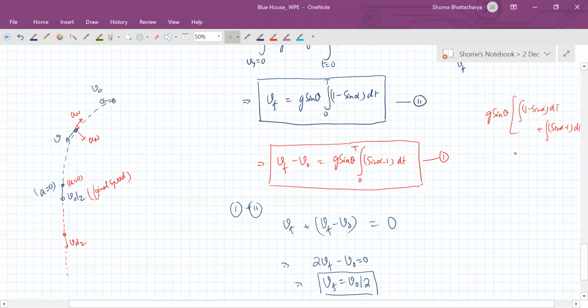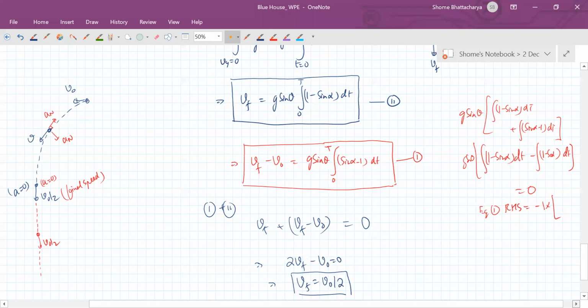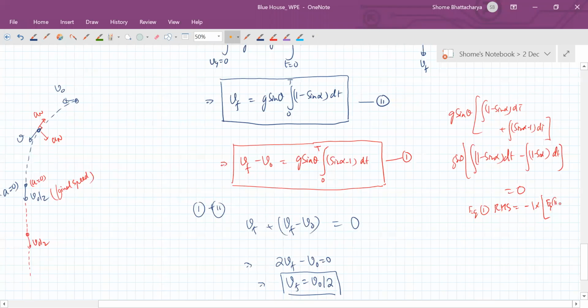So this becomes 0. You can see that equation 1's RHS is negative of equation 2's RHS. So when you add them, it becomes 0.